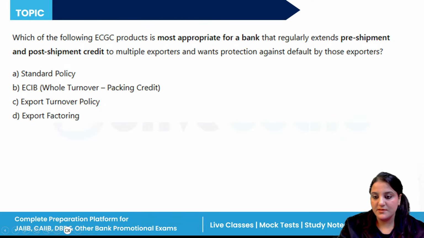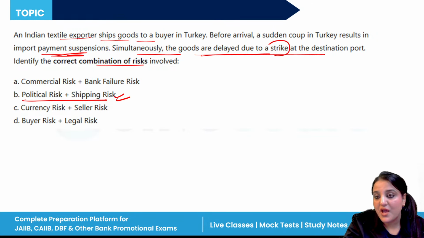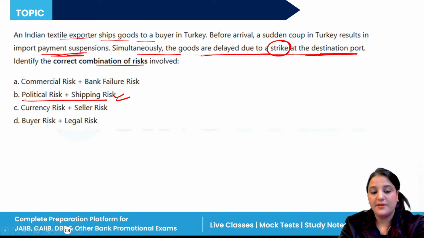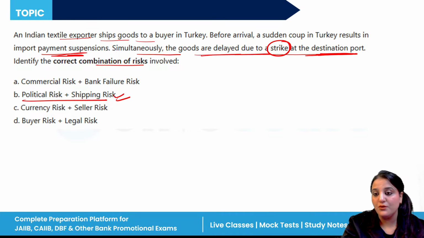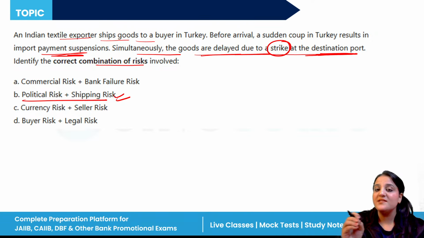No, Praveen sir, it is mentioned that the goods are delayed due to the strike at the destination port. Because of that, we have to say that the strike is here. If a strike is not related to political issues, but goods are delayed due to the strike, that means there is a problem at the shipping port, right? So we have to include that risk in the shipping risk, because the port strike causes the delay.